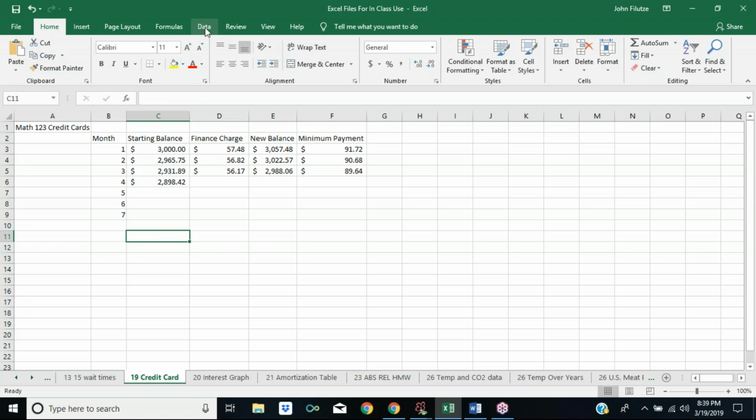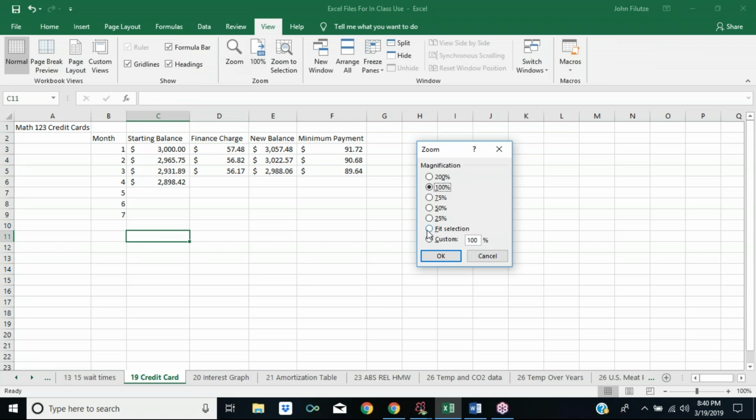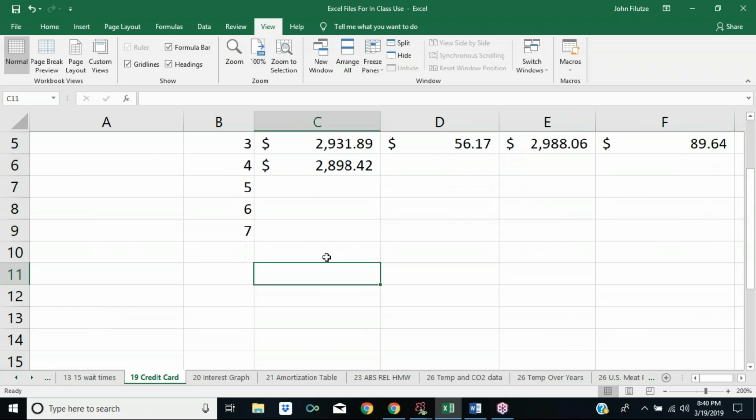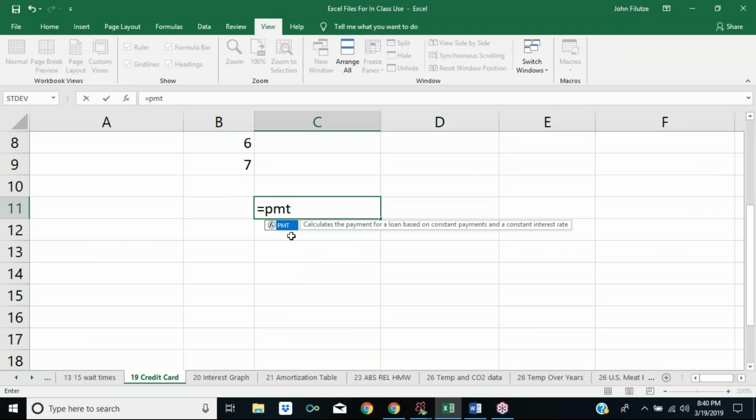So let me increase my view here for you so you can see. Okay, so I'm going to just use this formula, PMT, and if you look at it, it should come up there.